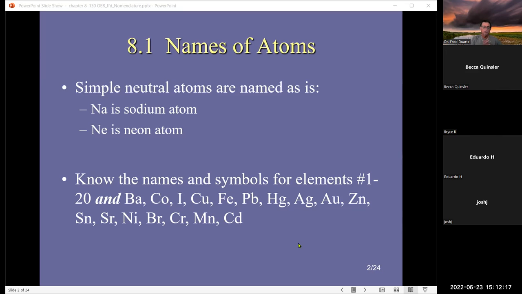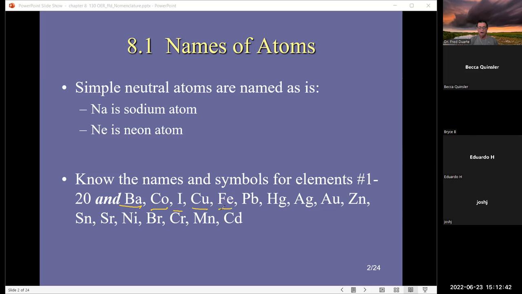All right, so we did mention earlier about knowing at least the names and symbols for the first 20 elements of the periodic table. But then we also added a few more here. We got Ba, which is barium, okay? Co, which is cobalt. I for iodine. Cu for copper.